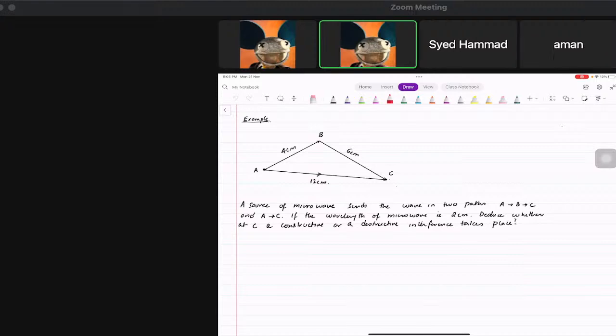So what you're going to do is, from A to C, the distance that the wave has moved is equal to 12 centimeter. From A, B, C, the distance it has taken is 4 plus 6, which is 10 centimeter. Do you agree?